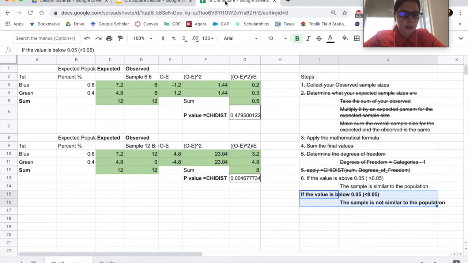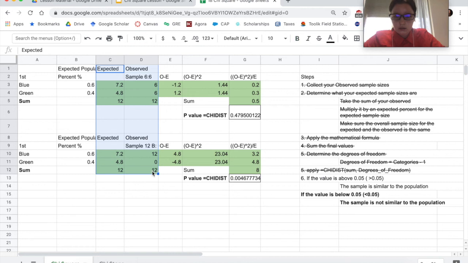Now there's another way that you can calculate the chi-test, and it's a lot less intensive than this. All you need are the expected and the observed values.